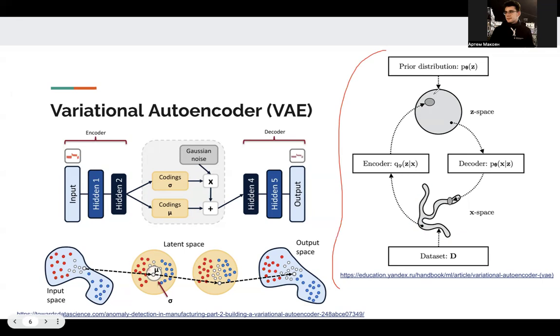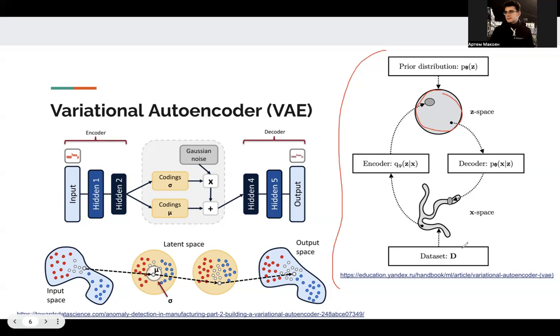First, we map it to a prior distribution and obtain Z. In fact, we encode, for example, an image into a representation from this distribution. And we usually want this distribution to be Gaussian noise with mean 0 and sigma equal to 1. And from this noise, we want to reconstruct the same element X.